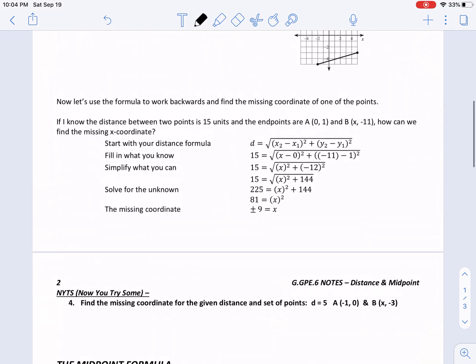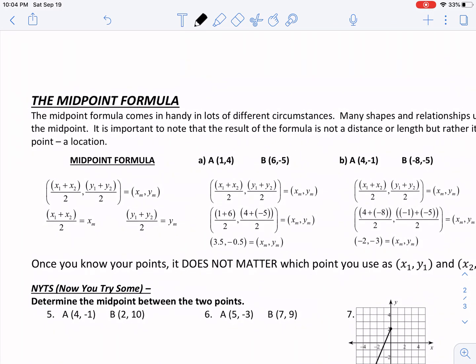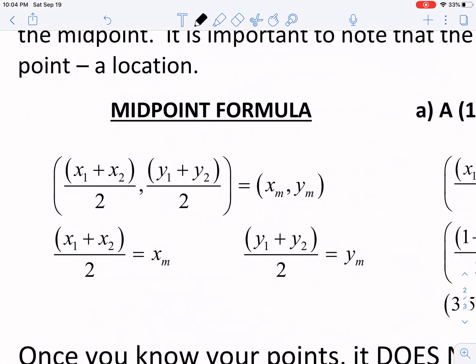Then the midpoint formula, it also plays off of something that you're familiar with. How do you find the average of any two numbers? An average representing essentially the middle. You add them together and divide by 2. That's essentially what's happening here with the midpoint formula. It takes our two x value coordinates, adds them together. So look at this guy here. It adds the two x values together and divides by 2.